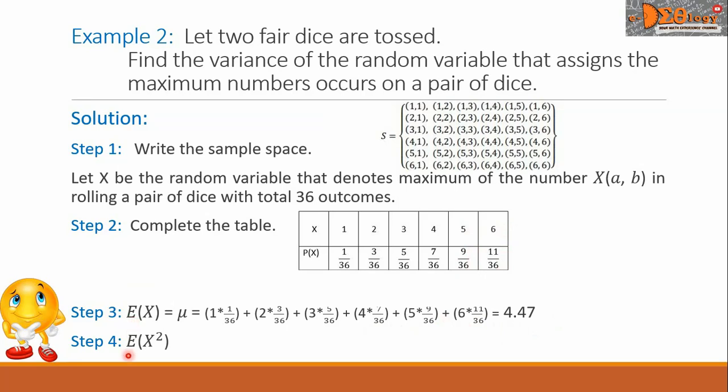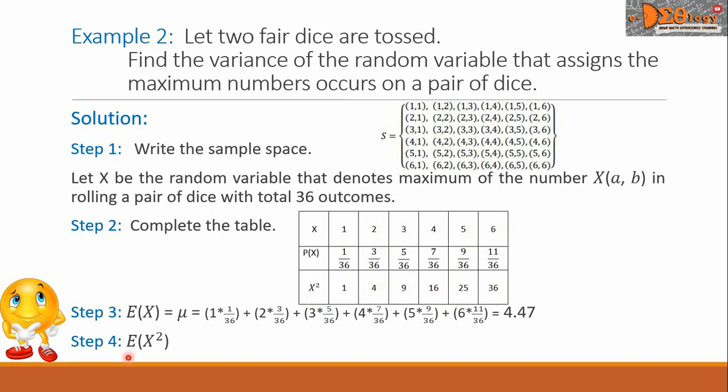Now for step 4. Let us compute E of X squared. In our table here, let us add another row for X squared. Let us square each of the numbers of the variable X. So the 1 becomes 1. 2 squared, we write here 4. 3 squared, we write here 9. 4 squared is 16. 5 squared is 25. 6 squared is 36.